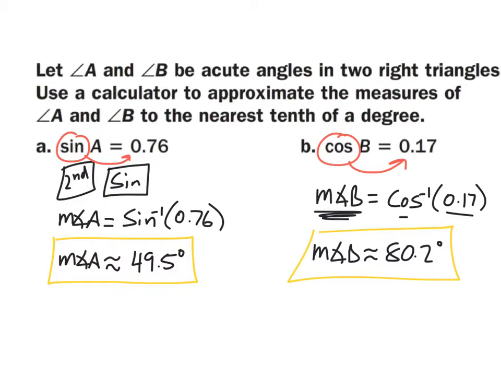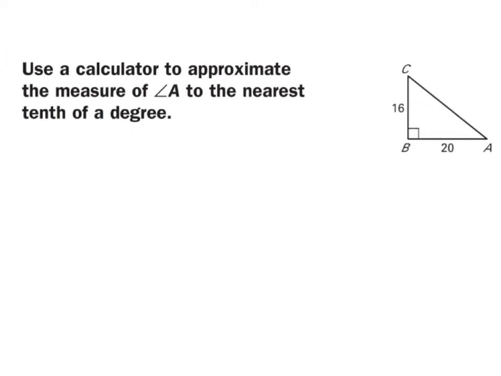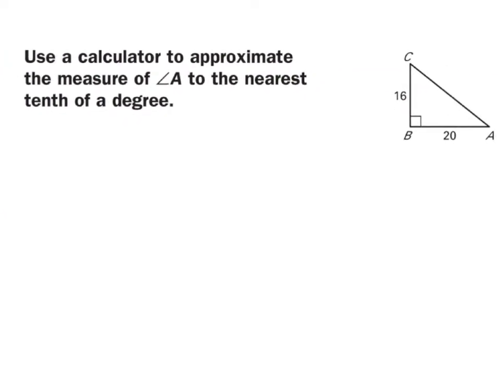All right, so let's try an example here. Using a calculator, approximate the measure of angle A to the nearest tenth of a degree. First off, we want to look at SOHCAHTOA and at our triangle. Angle A is right over there, that's the angle we're looking for. But relative to that angle, we are given the opposite side and the adjacent side. Opposite and adjacent is tangent.